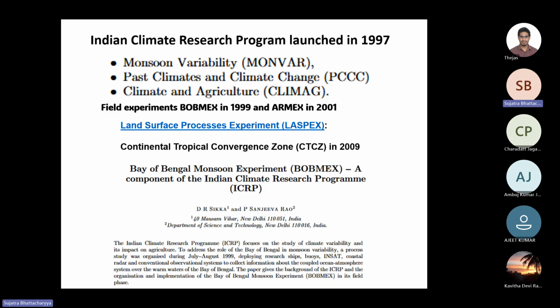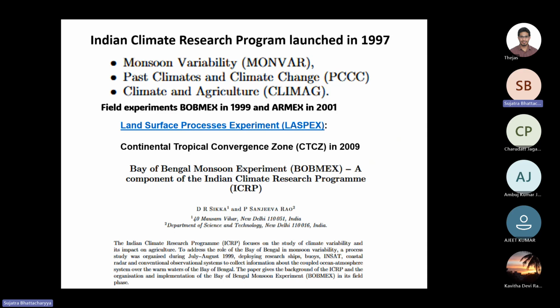But she was very pragmatic. She realized that for this program to be realized, one person's vision is not enough. You need people to cooperate. So she interacted with Dr. Pant at IITM and of course Devraj Sikka. And finally, the full document was written and she identified three areas. One, of course, is monsoon variability, which is very important, both synoptic, intra-seasonal, seasonal, and so on, inter-annual.